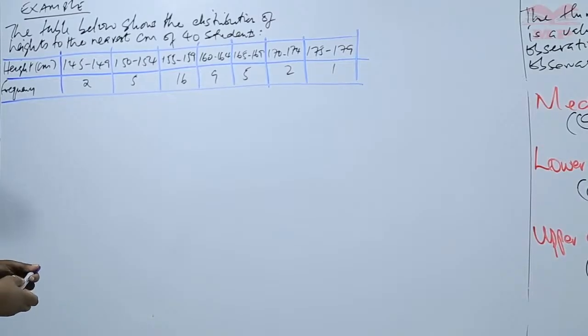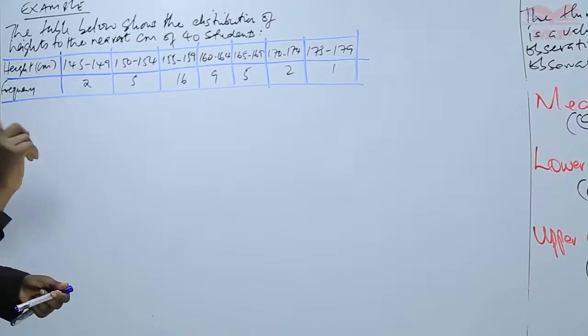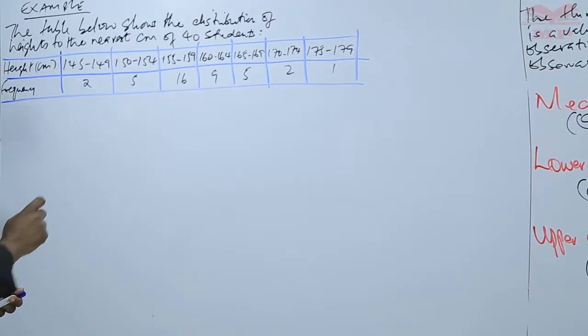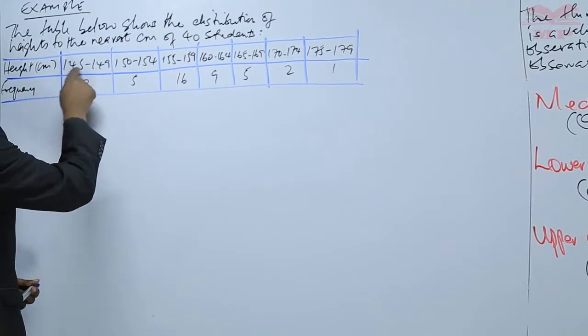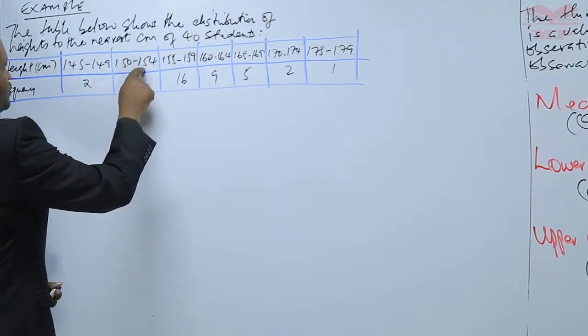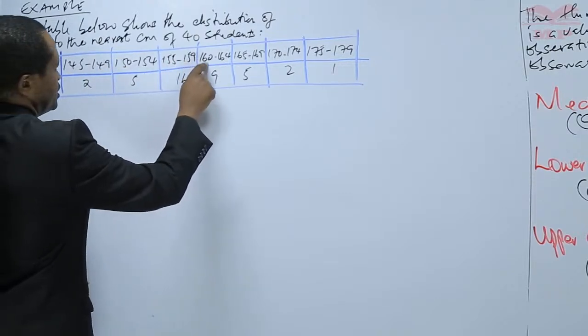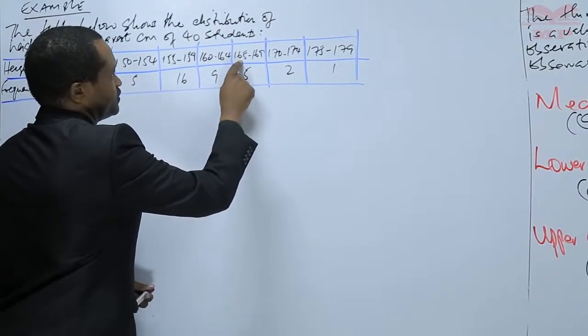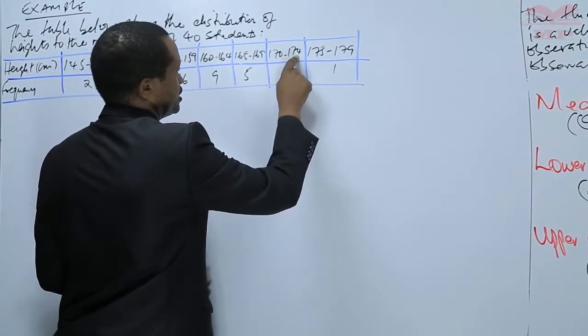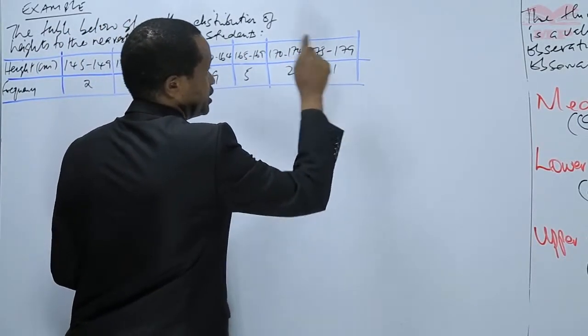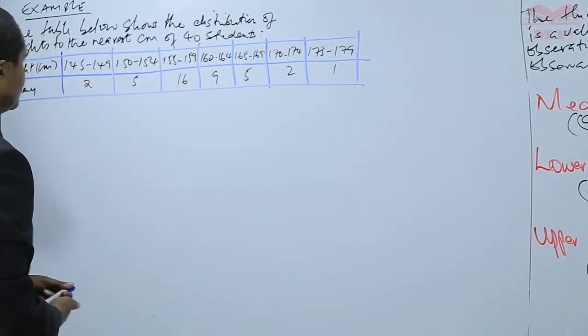The table below shows the distribution of heights to the nearest centimeter of 40 students. So we have centimeters in groups of 145 to 149, 150 to 154, 155 to 159, 160 to 164, 165 centimeters to 169 centimeters, 170 centimeters to 174 centimeters, 175 centimeters to 179 centimeters.